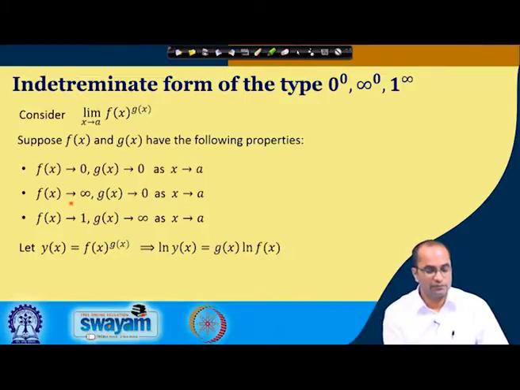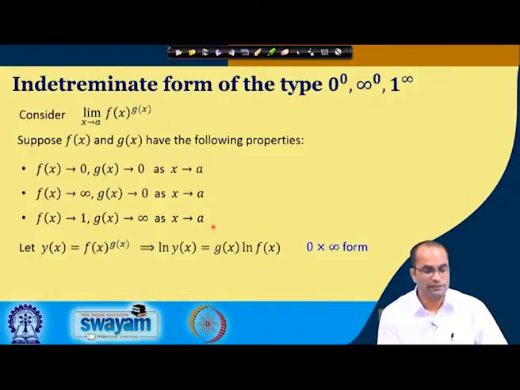In the second case when f(x) goes to infinity, ln f(x) will become infinity and g(x) goes to 0, so again 0 into infinity form. In the third case when f(x) goes to 1 and g(x) goes to infinity, ln 1 will become 0, so we will have again the 0 into infinity form.